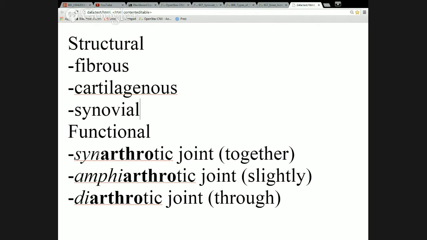Probably the best example of an amphiarthrotic joint is the pubic symphysis, where the two pelvic bones come together at the pubic arch. It only moves during childbirth. Otherwise, it needs to be very static because it's very important for supporting body weight across the pelvic girdle.